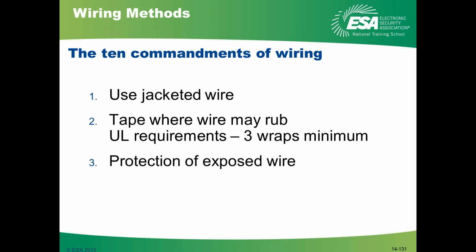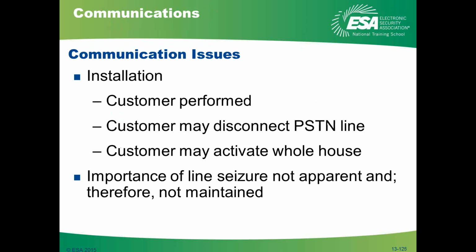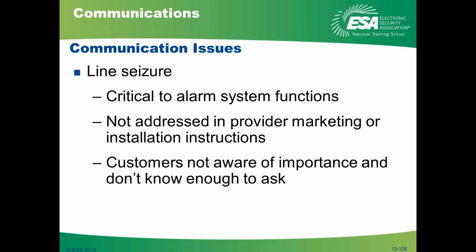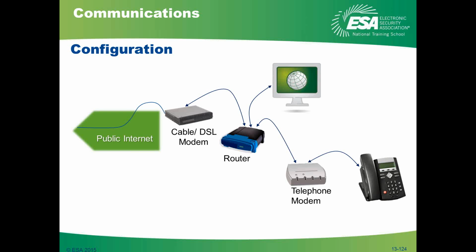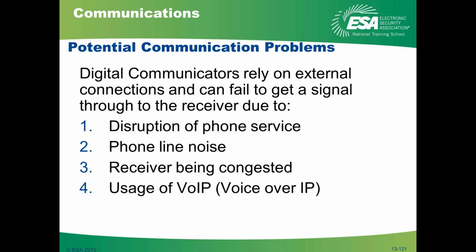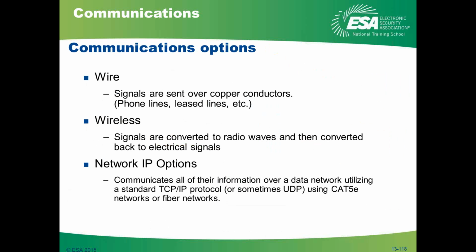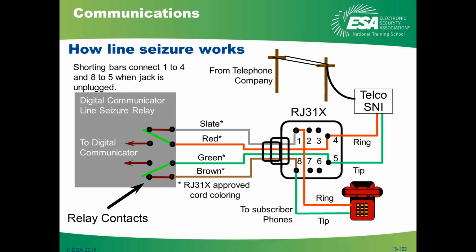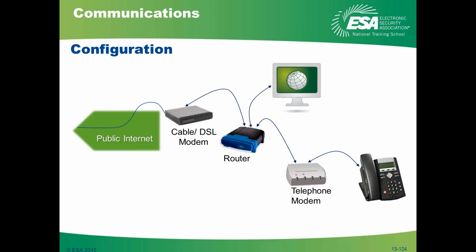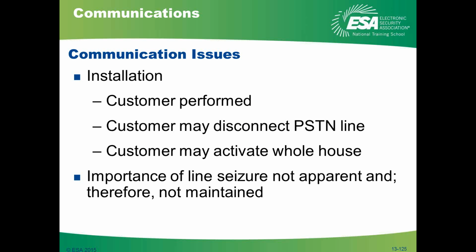Oh, on the communication, one other thing that I'll go back and mention is when we talk about the RJ jack, we didn't move it in here, but when we talk about the RJ jack, it should be within, you know, the 24 inches of the panel. That jack needs to be accessible to the homeowner, and that's FCC ruling that it needs to be accessible.